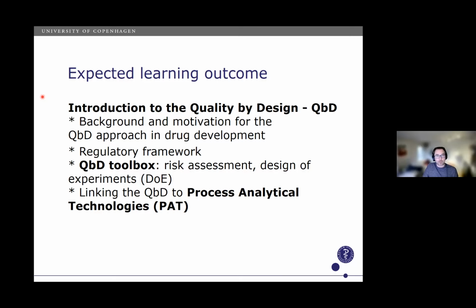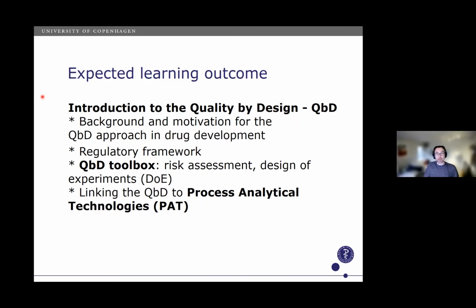Quality by design work starts with a risk assessment of a given product. This product can be whatsoever. It can be a simple immediate release tablet or a very complex, long-lasting injectable nano suspension. So it can be many different types of products that you can develop based on QbD principles.